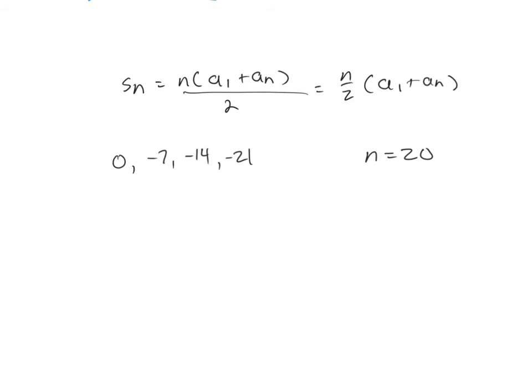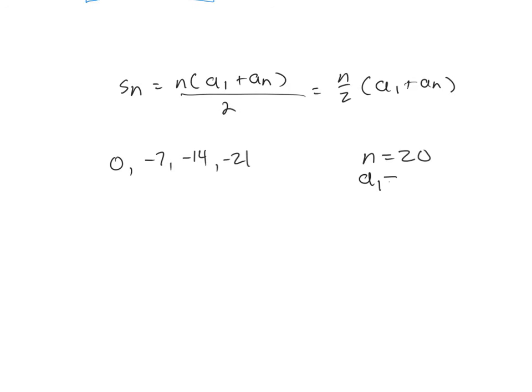First things first, I need to find a sub 1. Well, a sub 1 is my very first number, so that's 0. That then leaves having to find a sub n. We do recall a sub n equals a sub 1 plus n minus 1 times d. Our d is how much it changes each time. Here from 0 to -7, it drops by 7, and it keeps going down by 7 each time, so my d is -7.